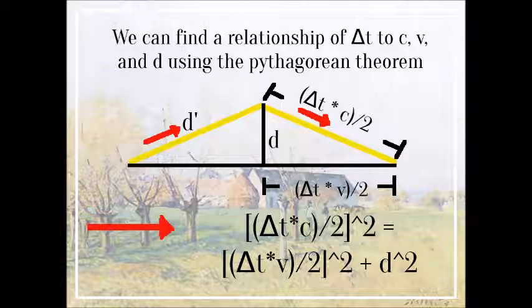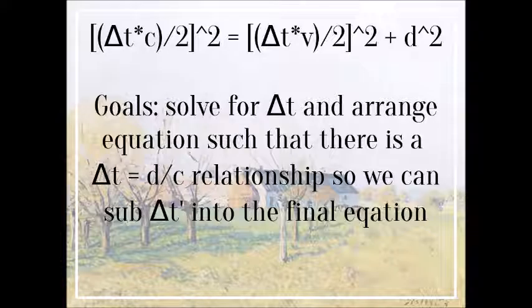So now that we have an equation that relates all the components to one another, we have to somehow arrange it algebraically such that there is a d divided by c relationship, so we can sub in the delta t prime in the final equation. Also, we need to consolidate and then solve for our delta t's, and we also need a d that's not squared, so we'll have to figure out how to take square roots of things as we go along.